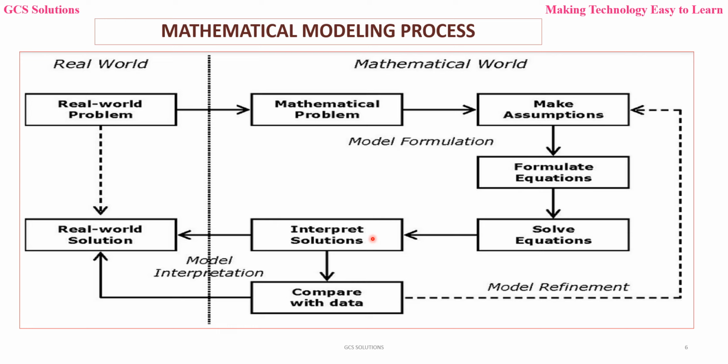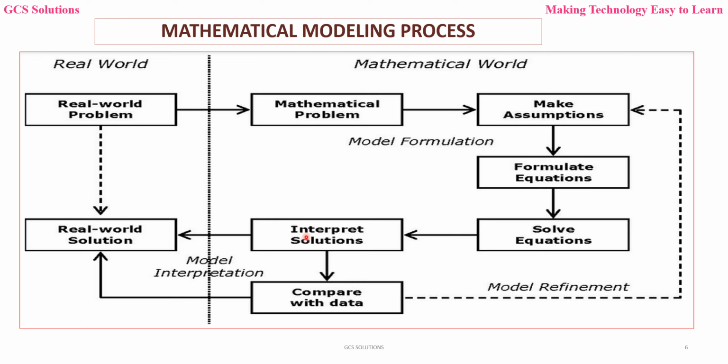But one may not stop once a solution is achieved. What one needs to do is to interpret the solution and see whether that mathematically interpreted solution is really matching the expectation of the real world solution.